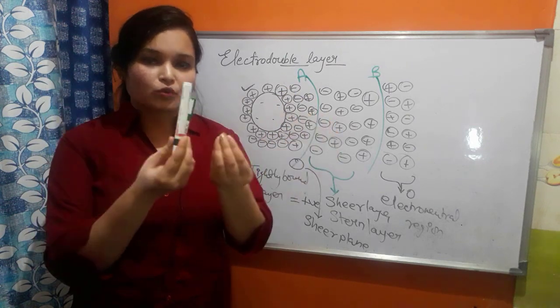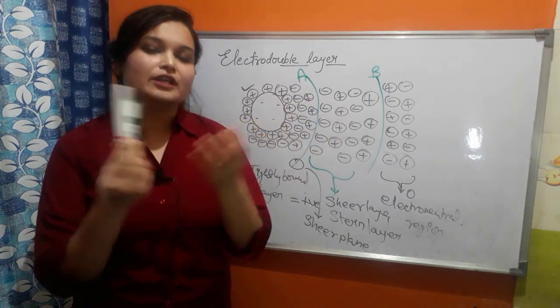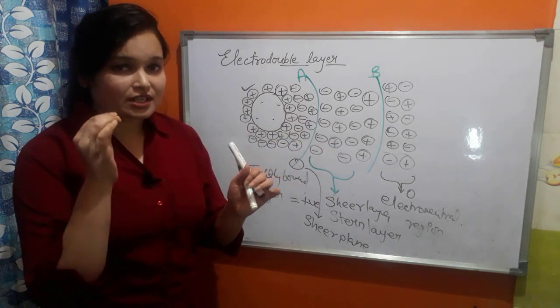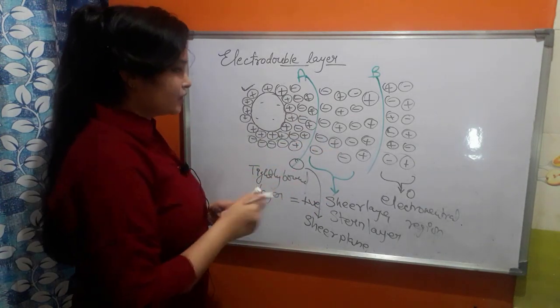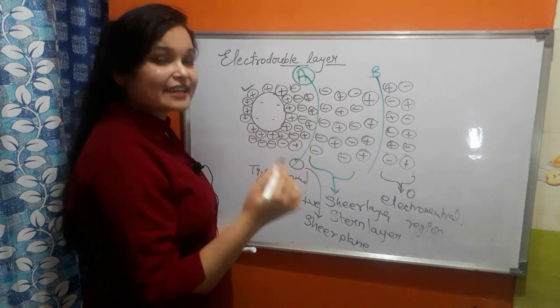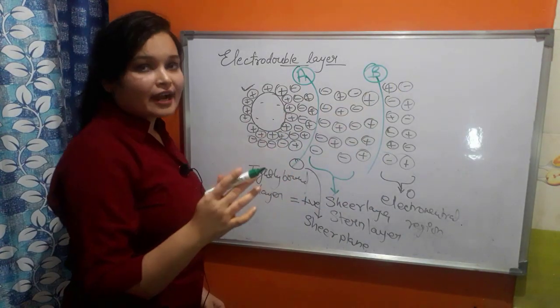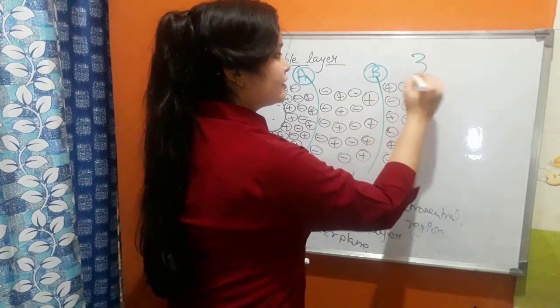The difference between both of these charges is called potential difference. So zeta potential is the potential difference between layer A and layer B. You can also say that zeta potential, I'll write it here.